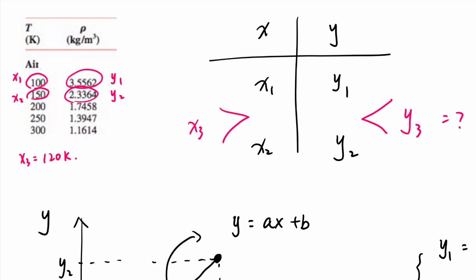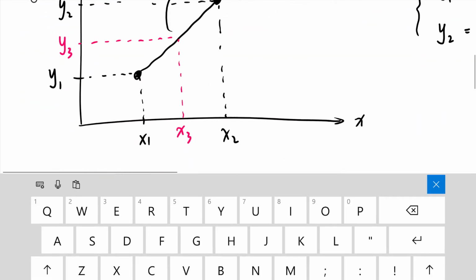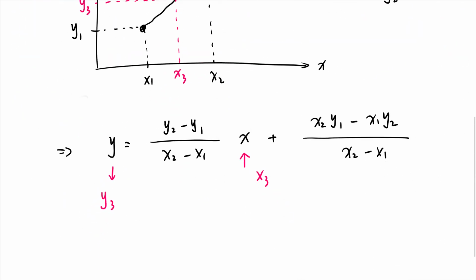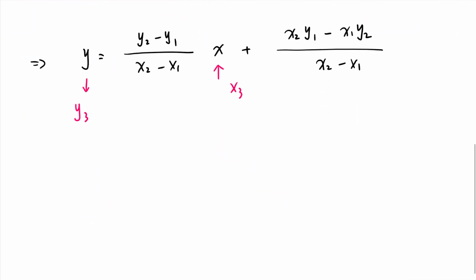So all we need to do is to go down to this equation and plug in the value of everything. And then we can find the corresponding value of y3 turns out to be 3.0683. And the unit is kilogram per meter cube.